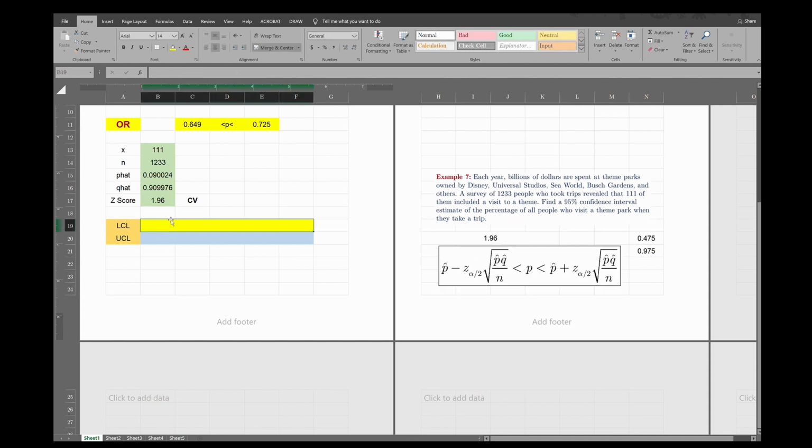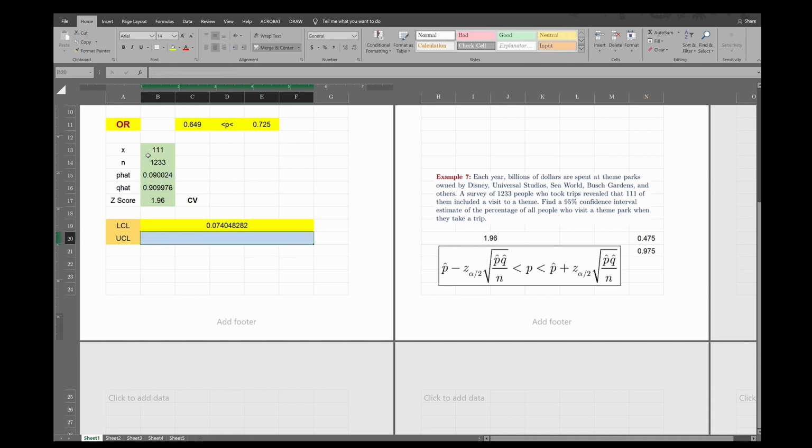So the lower confidence limit will be equal to p hat, which is that one. So you clicked on it. It didn't matter whether you wrote 0.09 or 0.00024. You're just clicking on it and capturing the whole thing. Minus the z-value times the square root of p hat times q hat over n.